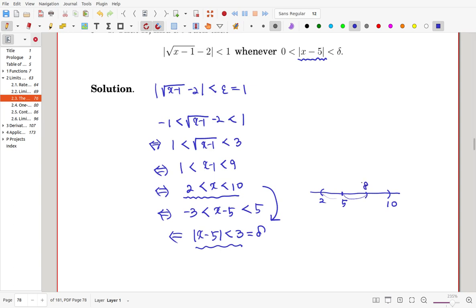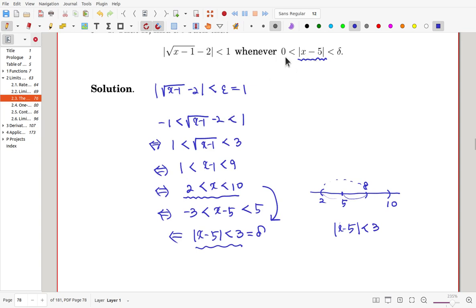So we are choosing only this sub-interval, such that you can write from here to there, x minus 5, the distance from 5, is bounded by 3. Then this choice is part of the original one, so that direction is okay.